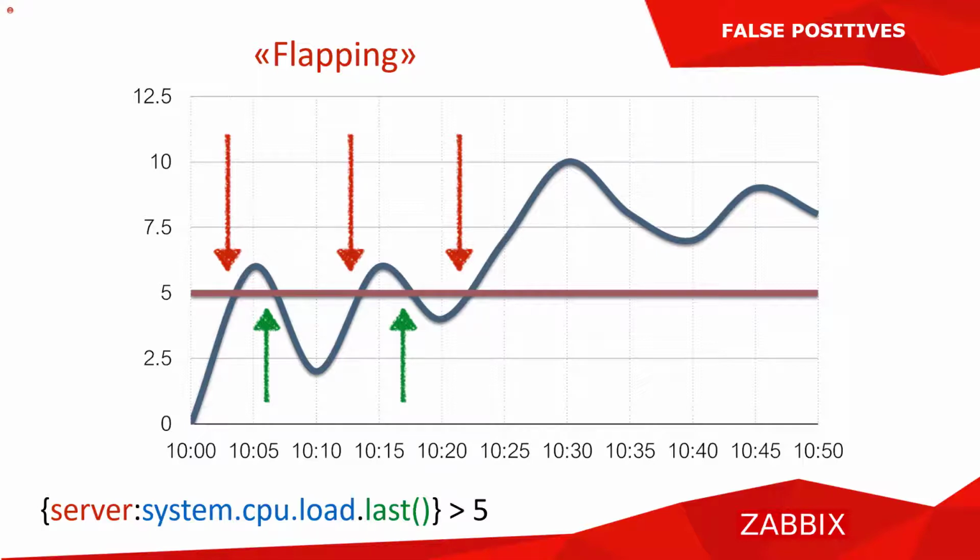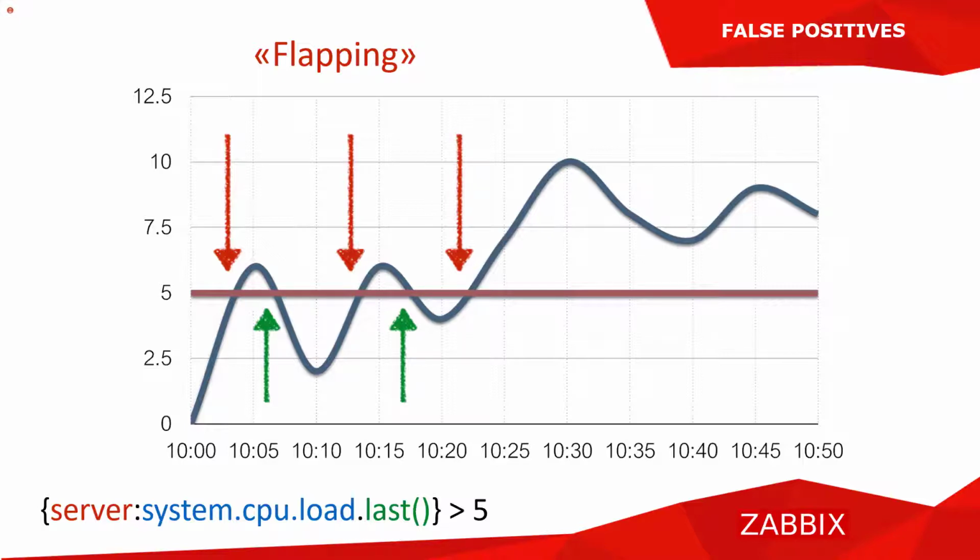But Zabbix is calculating quite precisely in this case, so we will see flopping, with the trigger firing and being resolved since the problem is over. In a good situation maybe once a minute, but in a not so good one we could see flopping every second, creating a lot of problem events and maybe even worrying the users who work through the Zabbix frontend about what is actually happening.